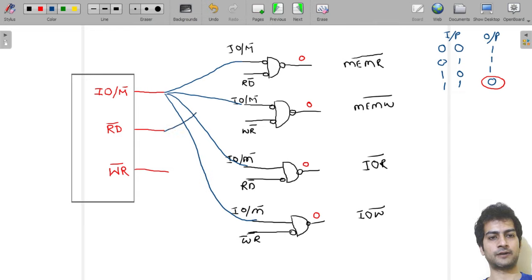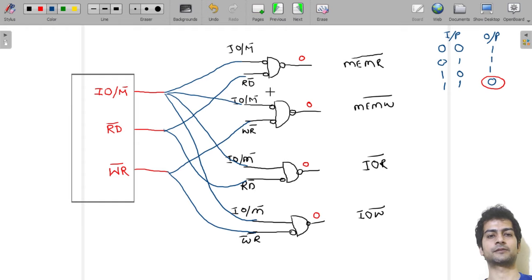Now read bar will come here, and write bar will come here.